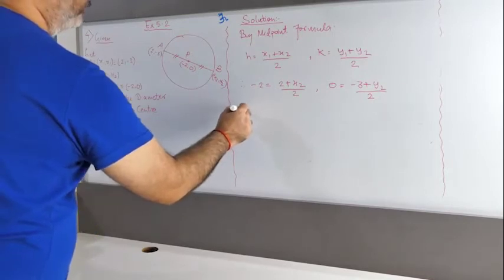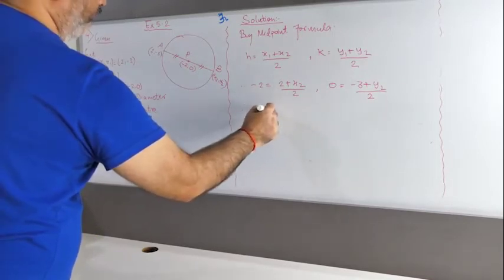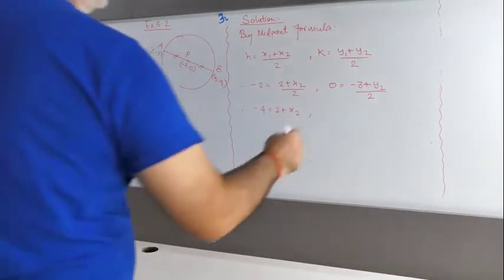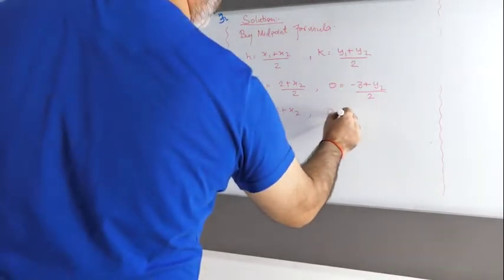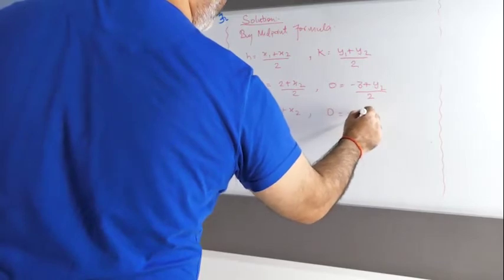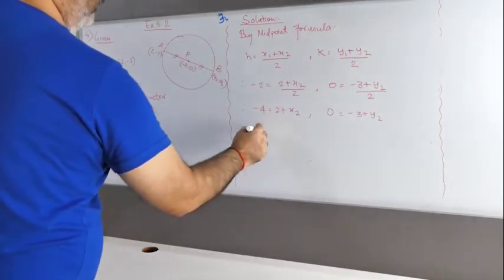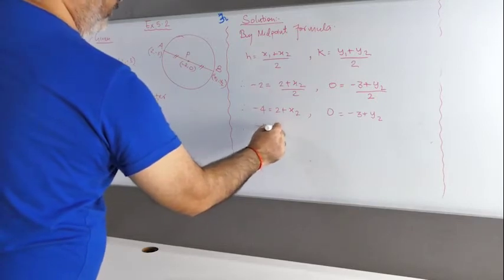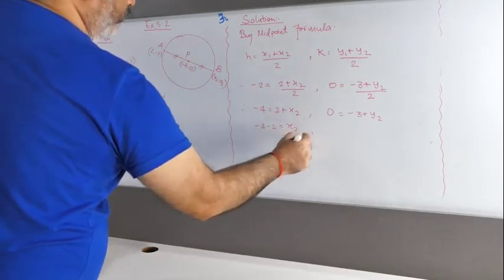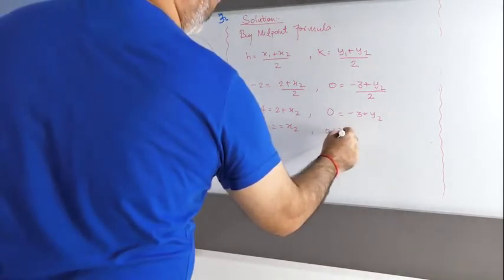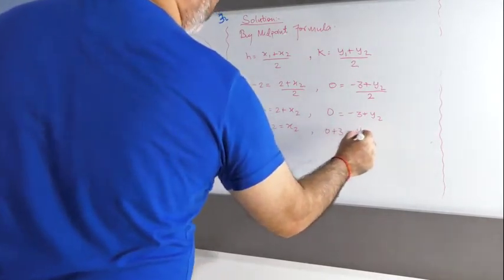Cross multiply. Minus 4 is equal to 2 plus x2, and here 0 is equal to minus 3 plus y2. Therefore, minus 4 minus 2 is equal to x2, and here 0 plus 3 is equal to y2.